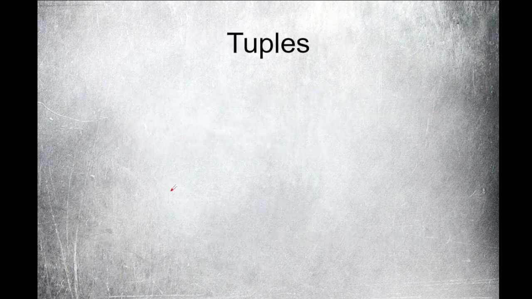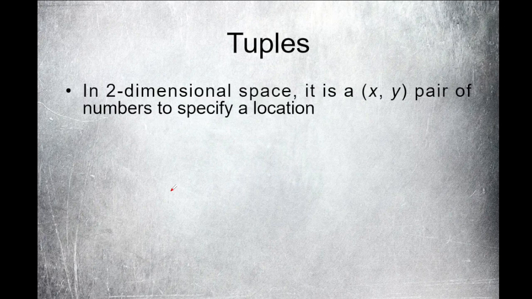Okay. Let's see the concept of tuples. Tuples are basically the pairs which we are going to create, because this concept is required for the Cartesian product. So we are going to need this. We have the pair of x and y, which specifies a location like this one.